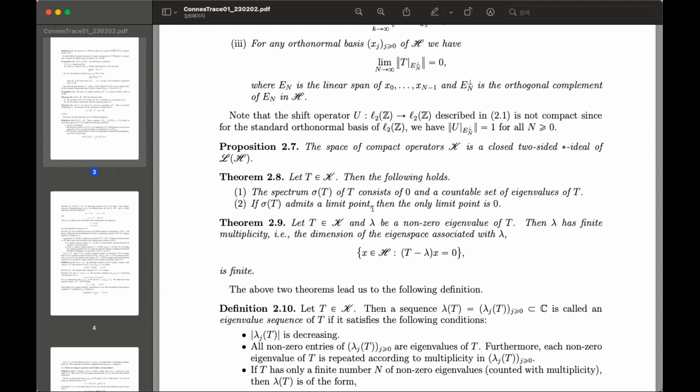So we can discuss the spectrum of an unbounded operator, but in the case of unbounded operators, the spectrum does not usually have good behavior like this. So considering the notion of a compact operator in the space of unbounded operators does not make much sense. Great. That answers my question.